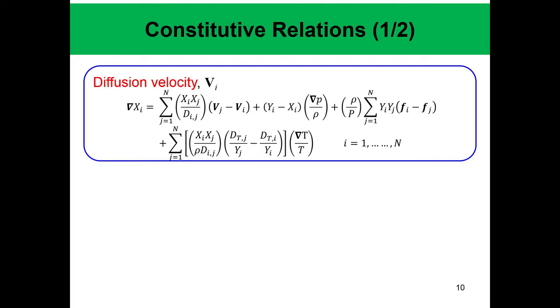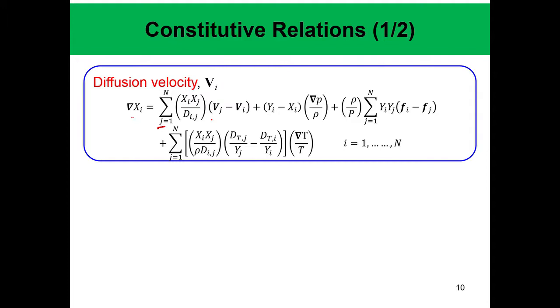And here is the diffusion velocity. Note there is a small connection with respect to the previous class. This diffusion velocity is actually implicit in terms of the species concentration gradient of Xi, with a summation over j.